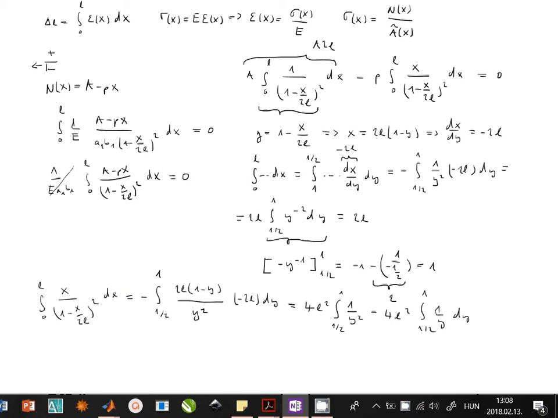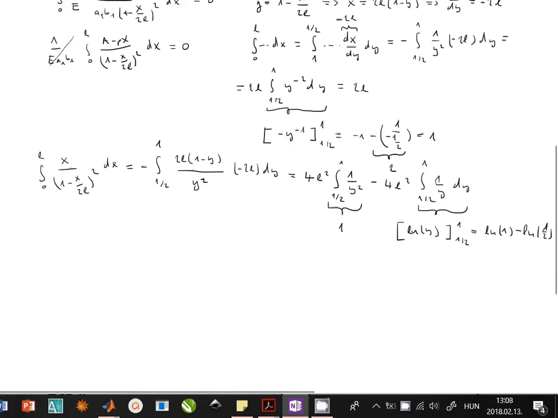And we have already computed the integral of 1 over y squared, so this was 1. Now let's compute the integral of this expression. The primitive function of 1 over y is the natural logarithm function. We have to take it at 1 and 1 over 2, so we will have natural logarithm 1 minus natural logarithm 1 over 2.